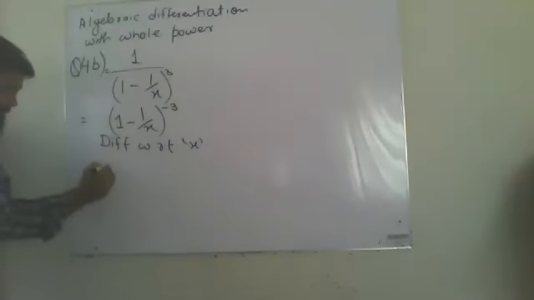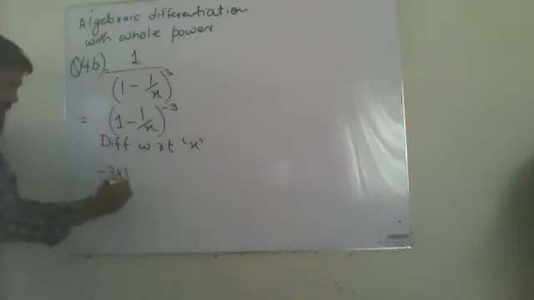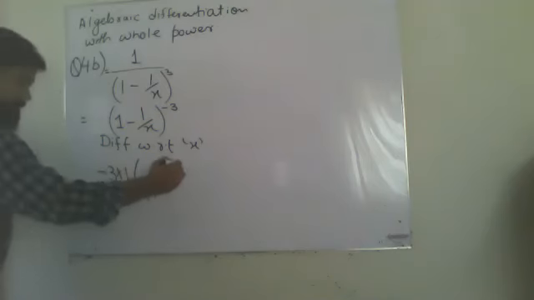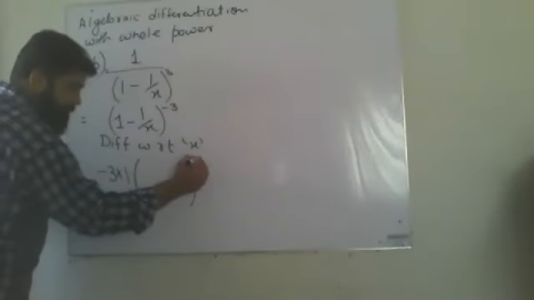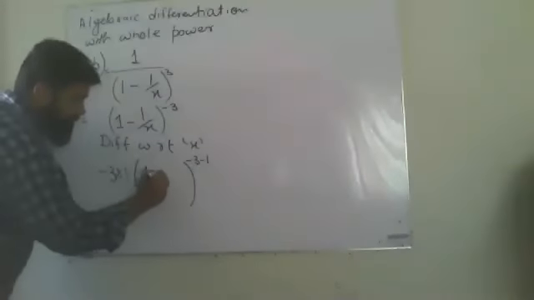So minus 3, that is the whole power, multiplied by 1, that is the coefficient of bracket. And power is reduced by 1. And whatever is inside the bracket, that will remain same.